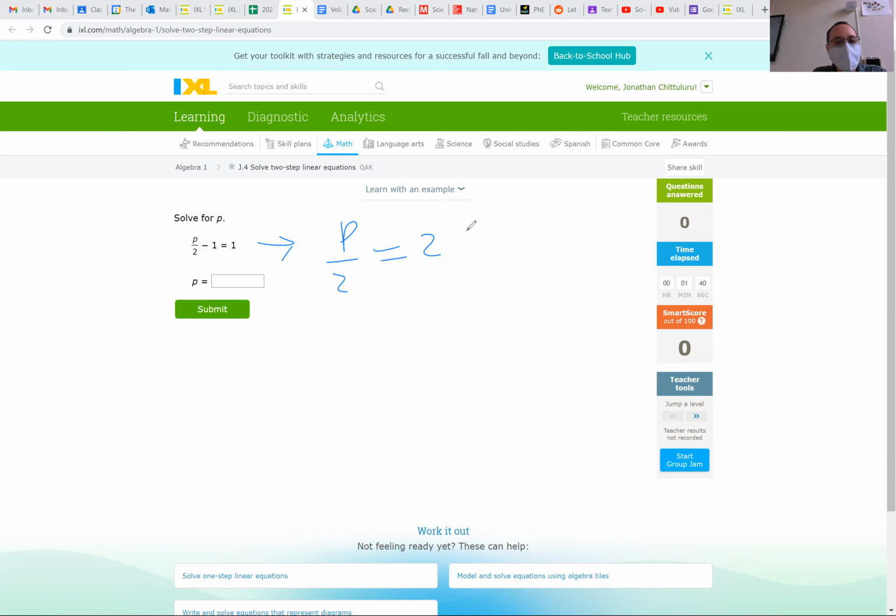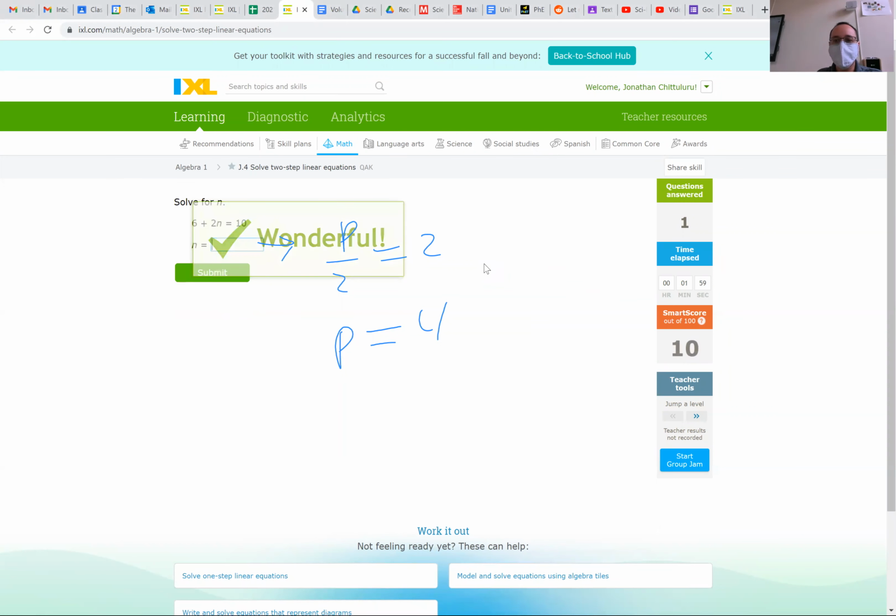Okay, and so what next, right? So now we're dividing by 2 on the left. So let's go ahead and multiply by 2 on both sides. That gives us p equals 4, okay? So now we're done with that. And we can go ahead and submit our answer. There we go. All right, so let's keep moving on, okay?